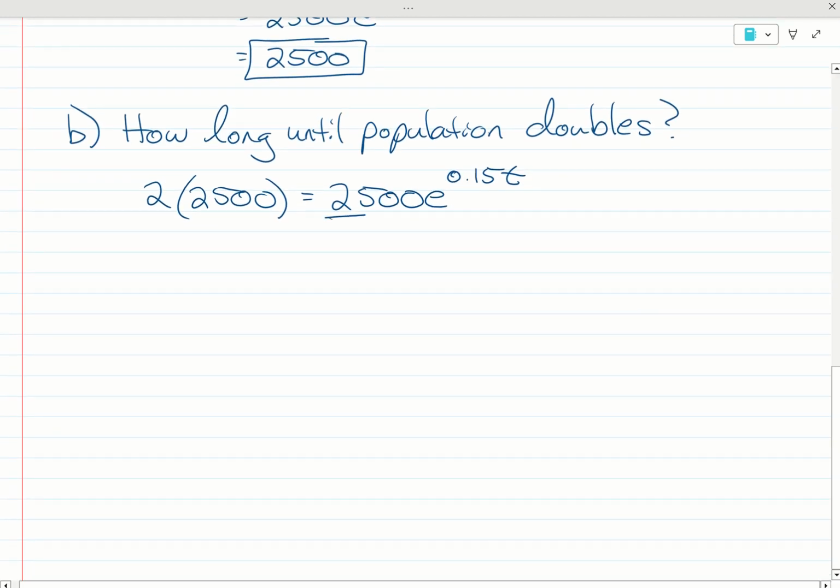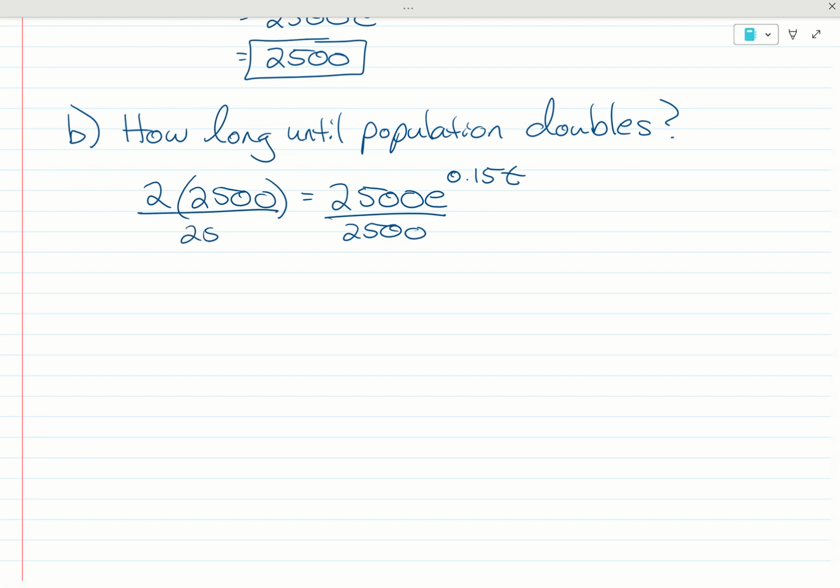And in order to solve this, we're going to divide by 2500 on both sides. And we just get 2 is equal to e to the 0.15 t power. Take the natural log of both sides.